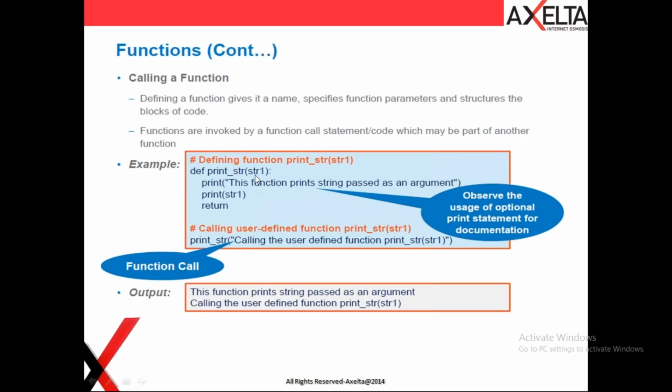This is the output I get. Initially it will display this output, and after that it will display calling the user defined function. Why? Because str1 is holding this value. Is it right? Yes or no? Okay. So this is how to call the function and how to give values to the parameters.